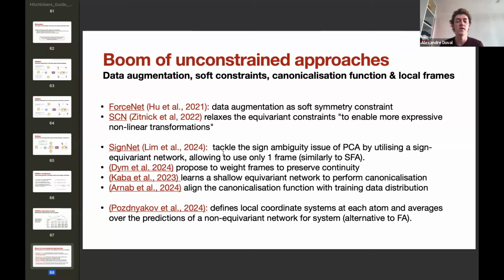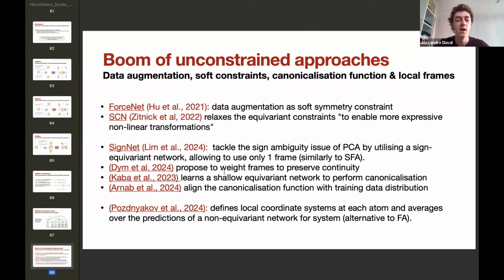Kaba et al., for instance, propose to do it by learning a shallow equivariant network to perform the canonicalization. So instead of using PCA as we do in FAENet, you can learn, and have a network that automatically finds this unique frame of reference that you're going to use for every Euclidean transformation. And that tries to preserve as much as possible the expressivity and the information that is contained in the original input.